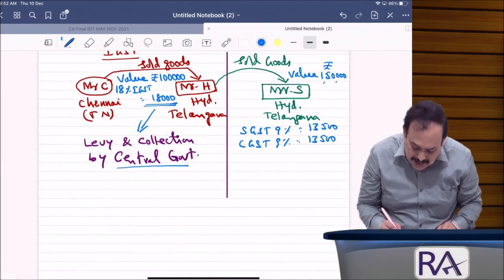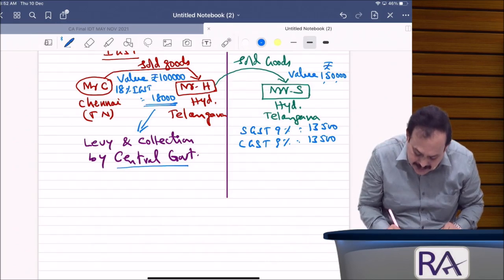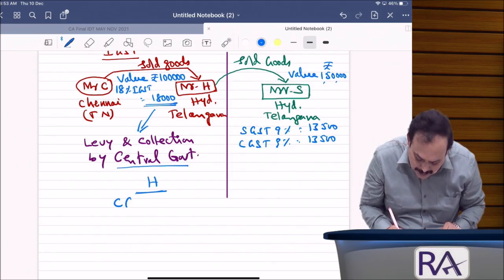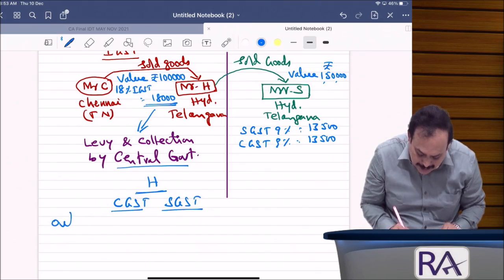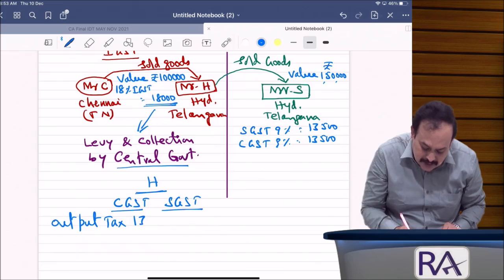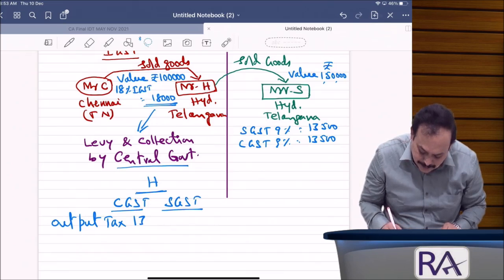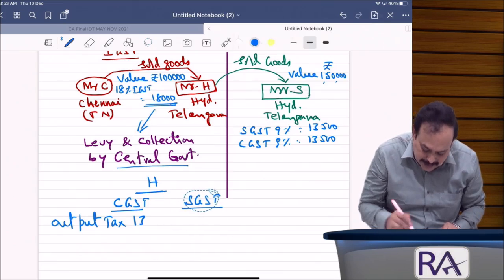So H of Hyderabad says, I am liable to pay CGST, SGST. How much liable to pay? Output tax liable to pay 13,500, yes, 13,500 again.